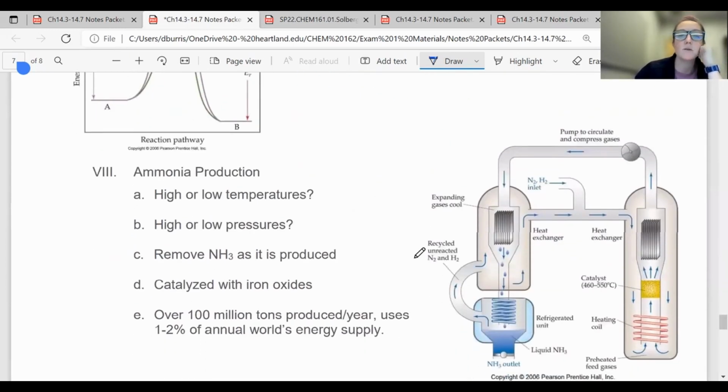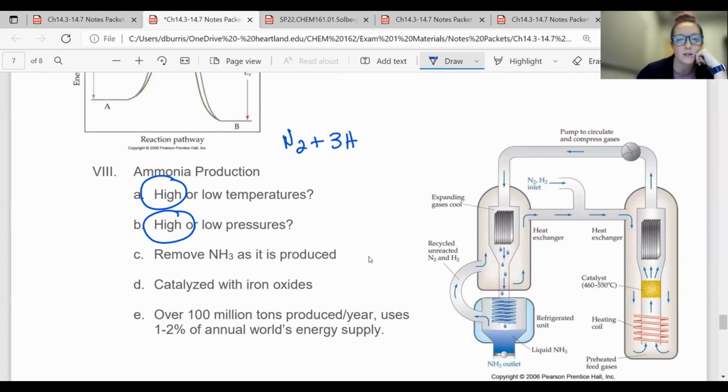Okay, so looking at this application really quick, I've been talking about ammonia production because ammonia is extremely important. This is kind of how it works. Yes, they do use a catalyst to make it go faster. Remember, we said we have to be at high temperatures and high pressures to make a lot of ammonia. Because if I look at the reaction, N2 plus 3H2 makes 2NH3.